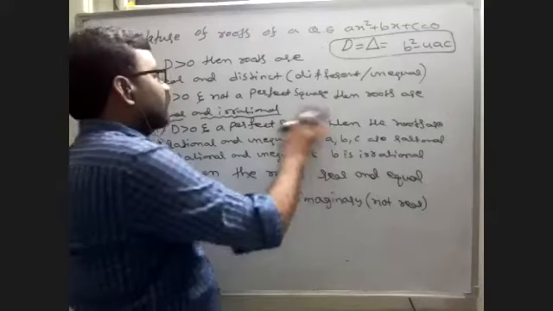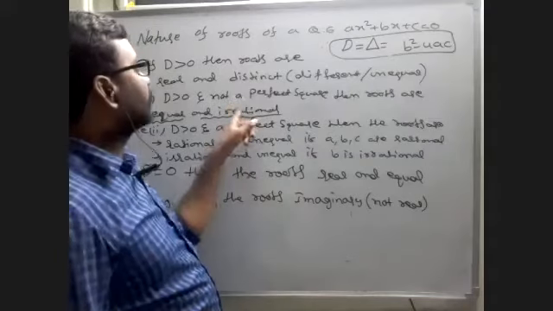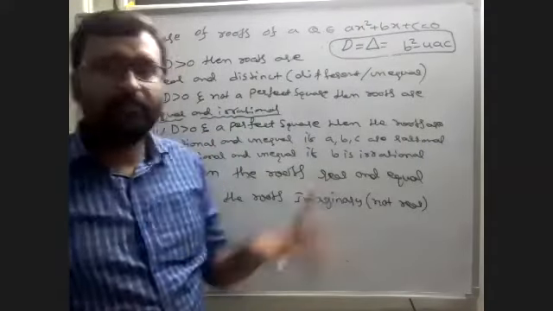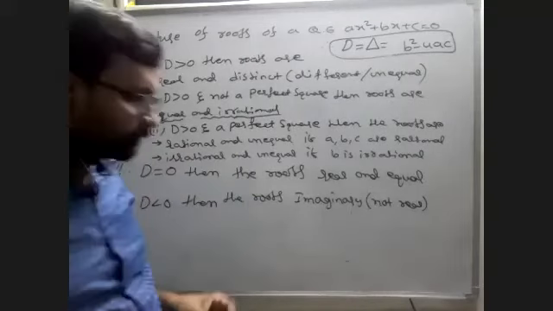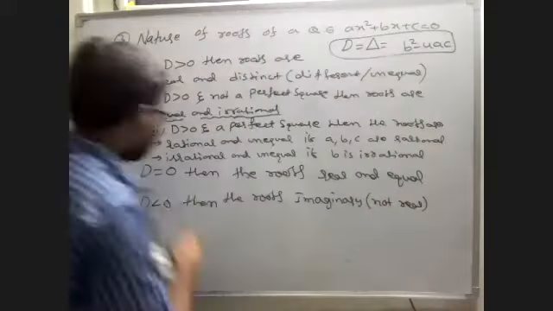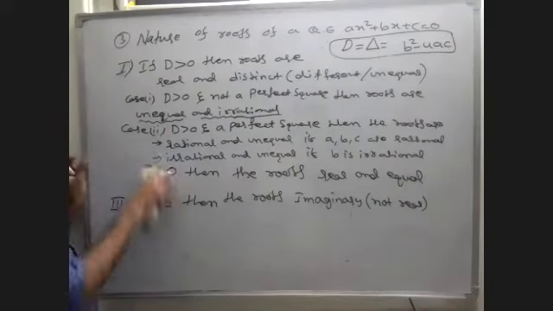So if delta is positive and not a perfect square, you get unequal and irrational roots. Did you understand these last two? Yes, sir. I will give an example for this.